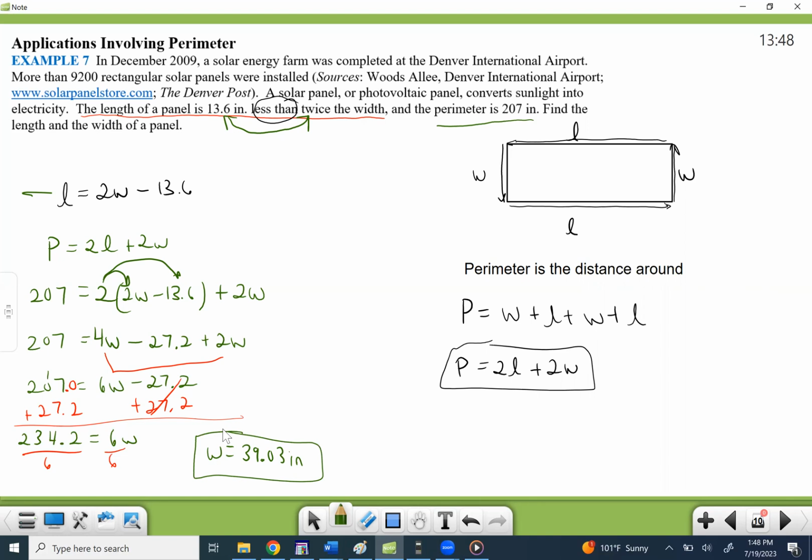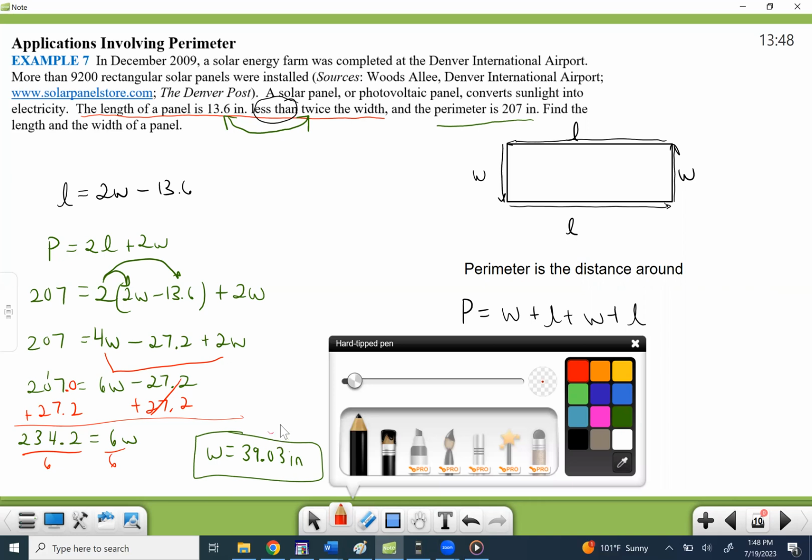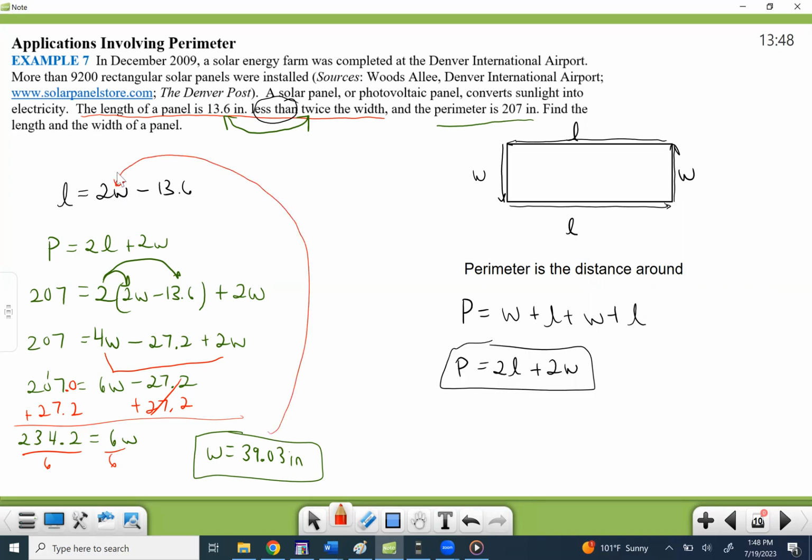Now to find the length, all we got to do is take that guy, plug him in right there. L equals 2 times 39.03 minus 13.6. Okay, so if we double this, 39 doubled, let's see, 40 plus 40 is 80, 2 less than that, 78.06.